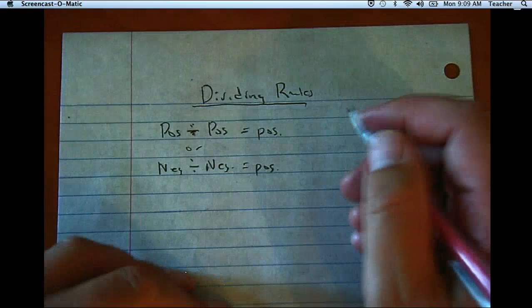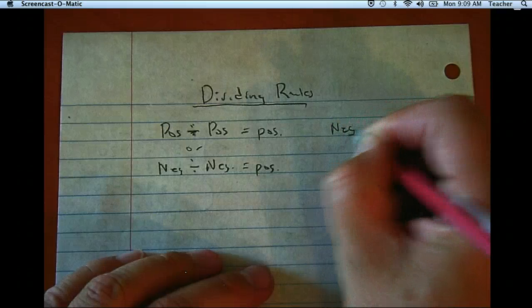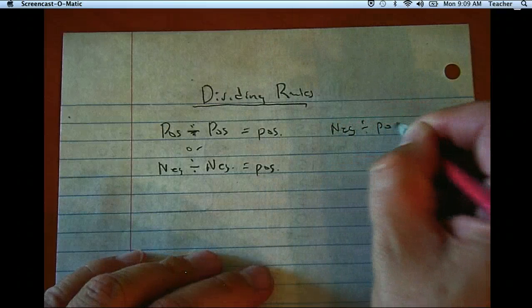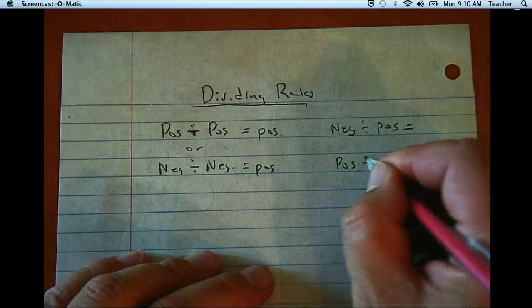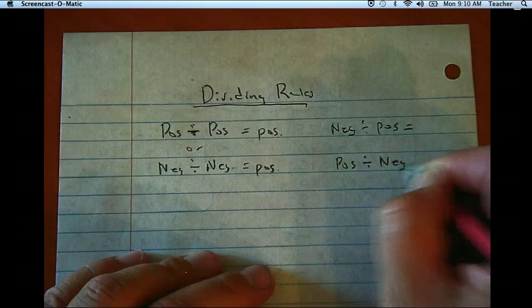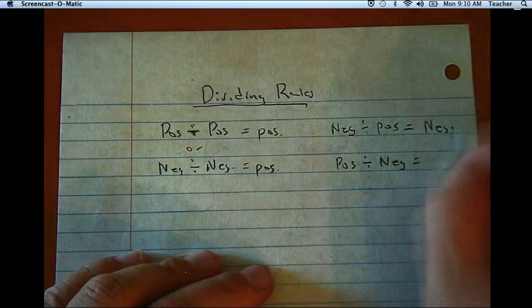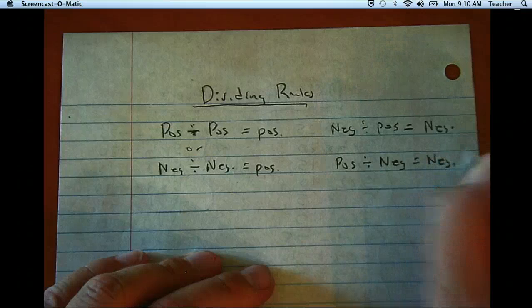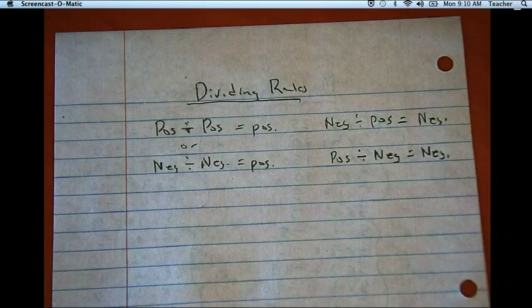And similar to multiplication rules, negative divided by a positive, or a positive divided by a negative, both of those are going to give negative answers.